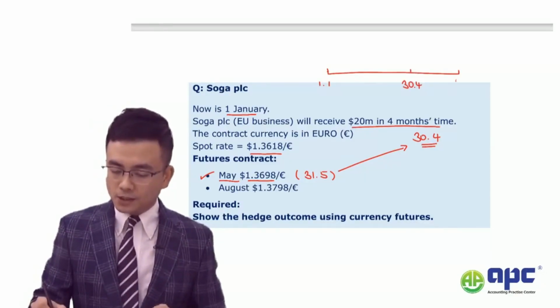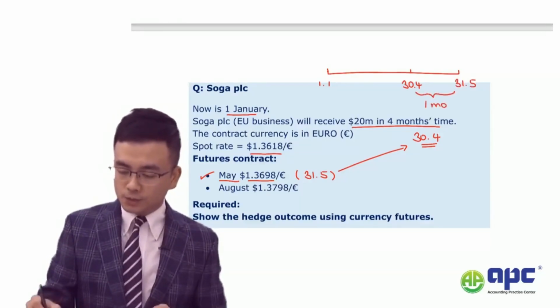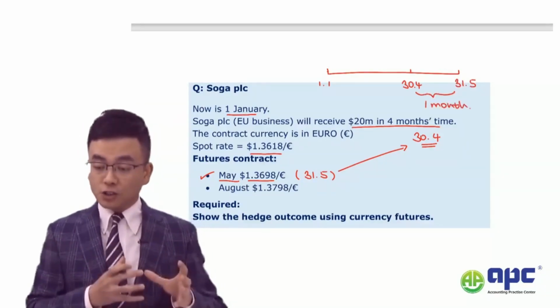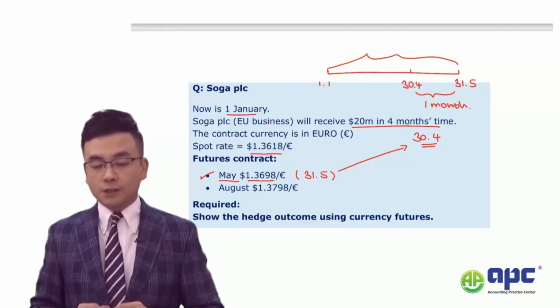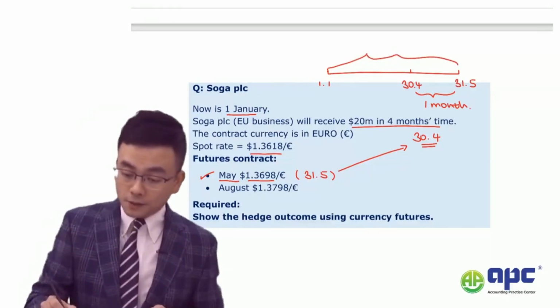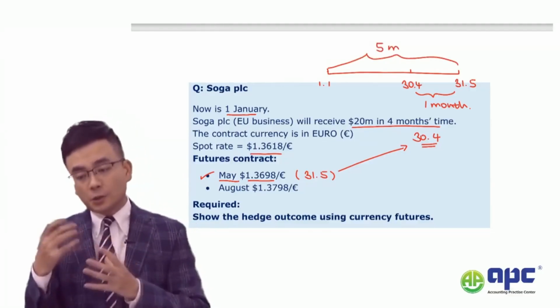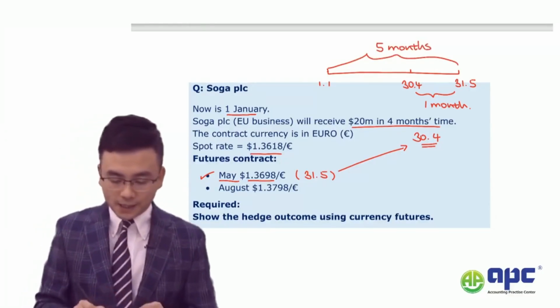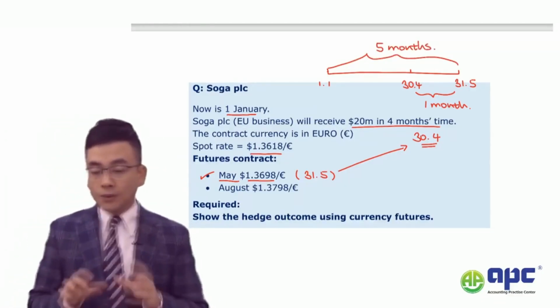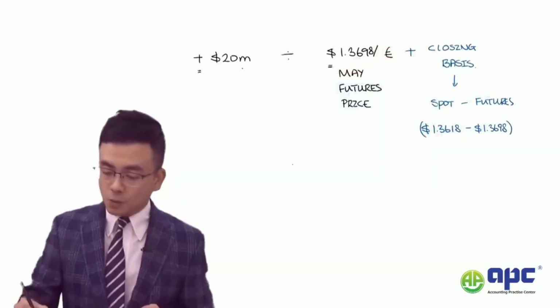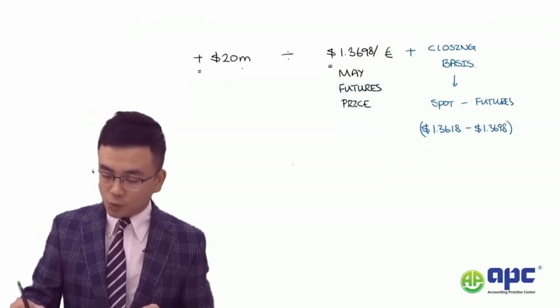So there will be 1 month remaining, and the total duration from 1st January up to 31st May is 5 months. So there will be 1 month remaining, which means 1 over 5.